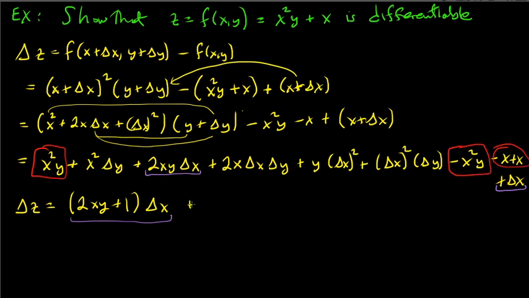And then with respect to delta y, we have x squared. Is that it? Yeah, I think that's it. Just x squared times delta y. Right, so that's this term here.